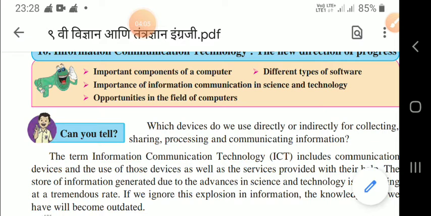The term information communication technology or ICT includes the communication devices. What are the communication devices? The hardware which are capable of transmitting data, instruction, information between a sending device and a receiving device.